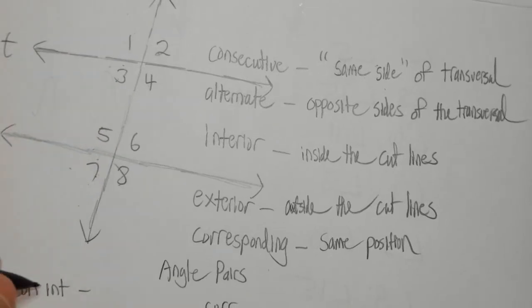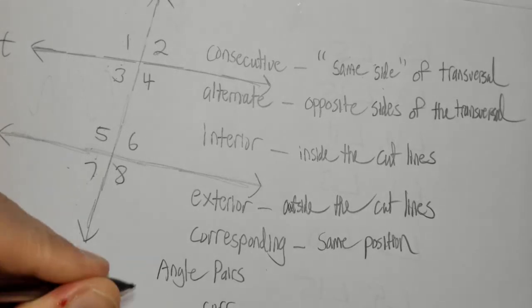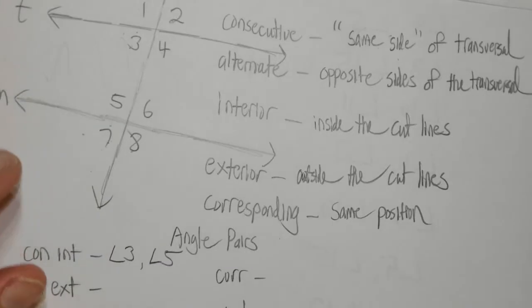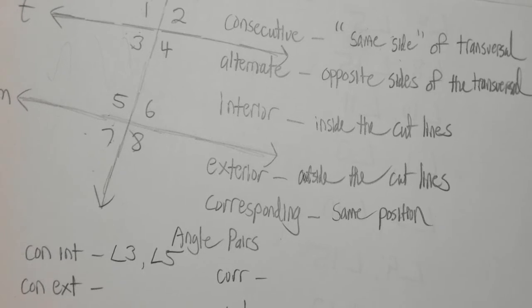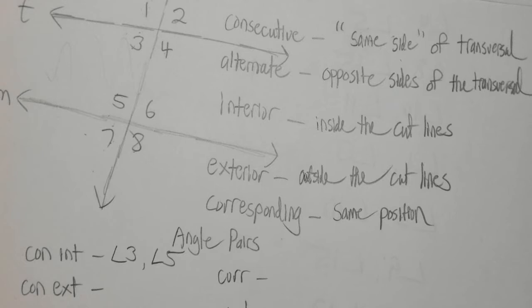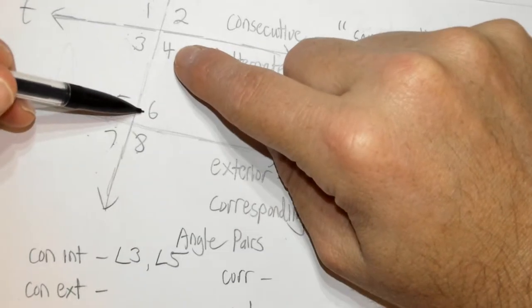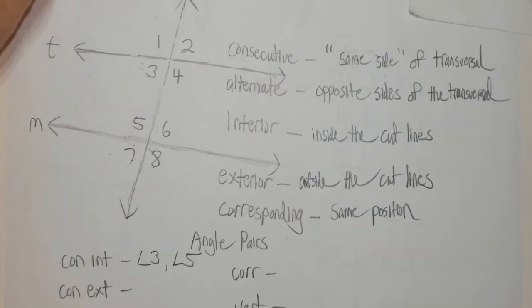And that's not the only pair of consecutive interior angles in this particular drawing. You could also have angle 4 and angle 6 as consecutive interior angles.